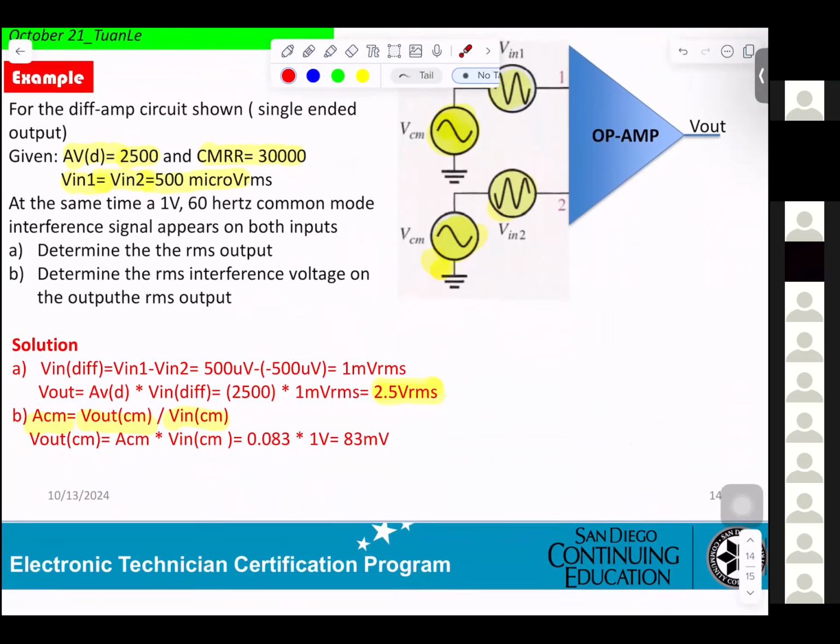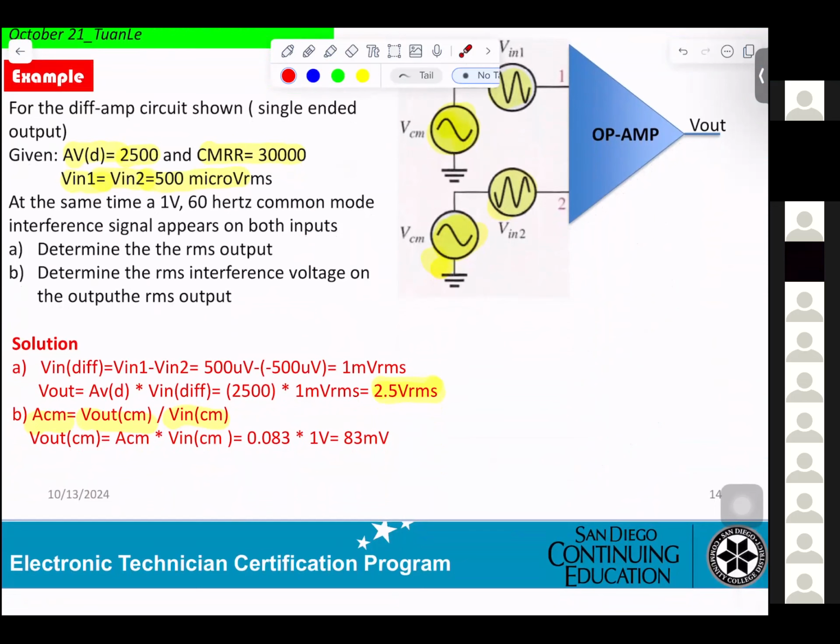So ACM times V in CM. ACM is 0.083, V in is 1 volt. Remember, this is 1 volt. So basically, at the output they still get the noise, but it's 83 millivolt.